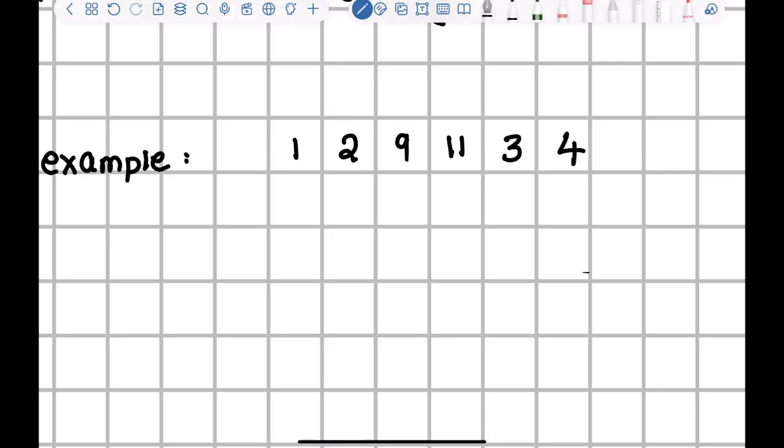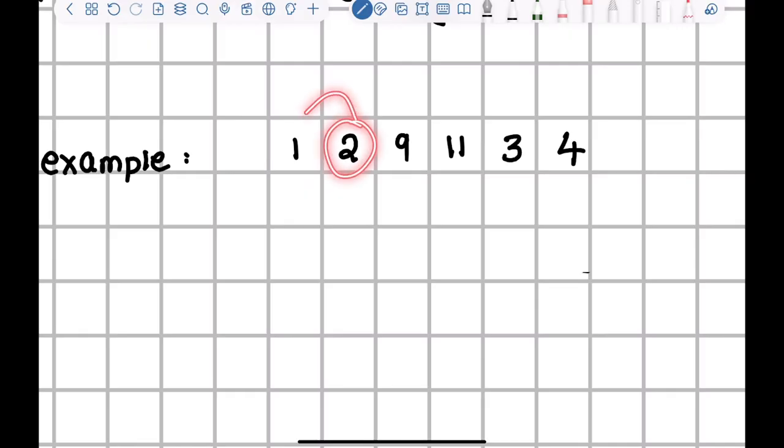That is just how our muscle memory is made. So here, how do we start? In order to check the increasing property, we check if the previous element is smaller.